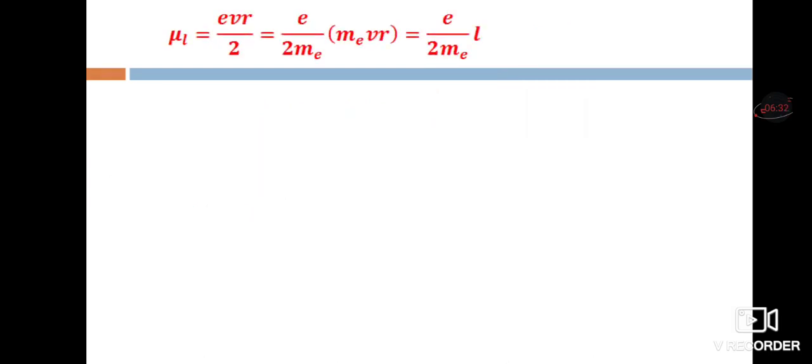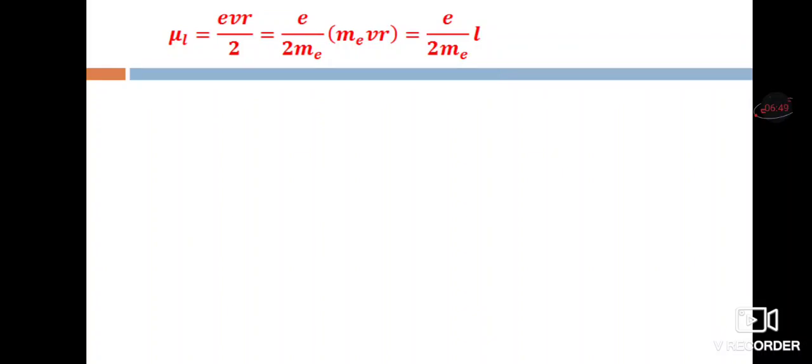Therefore we can write mu L is equal to evr divided by 2. The same equation we can write as e divided by 2me, multiplying as well as dividing by the mass of an electron.